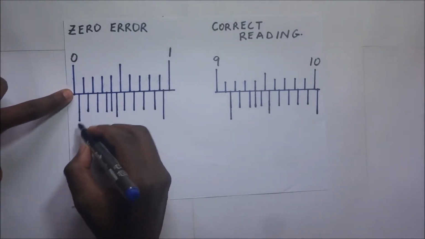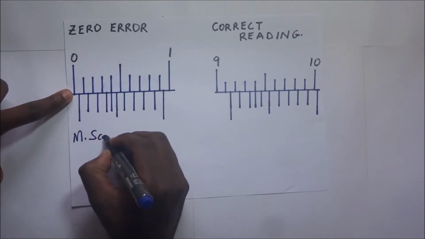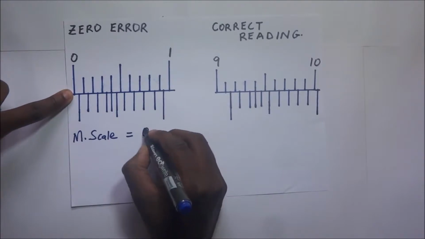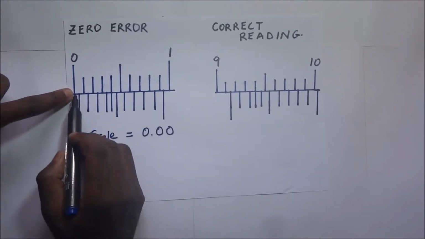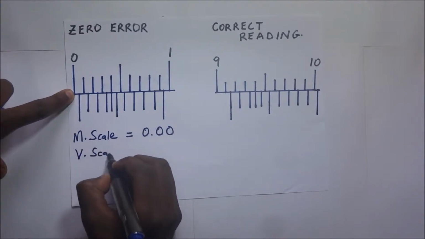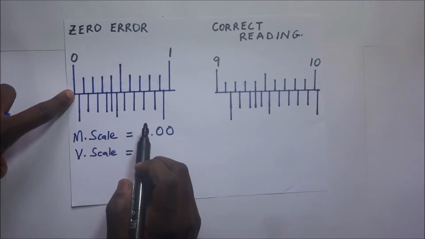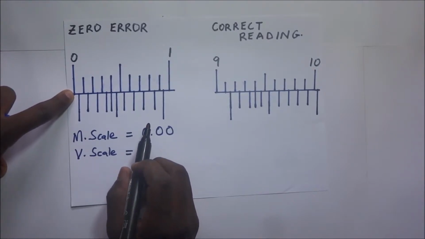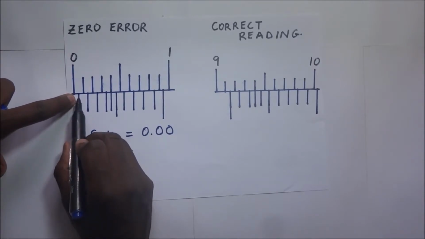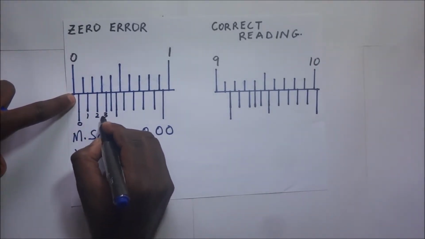Of course we are going to first take the main scale reading. The main scale reading is going to be 0.00. Then the vernier scale reading: of course the vernier scale gives us the second place of decimal, so we multiply by 0.01, which is the least count. This is 0, 1, 2, 3, 4.